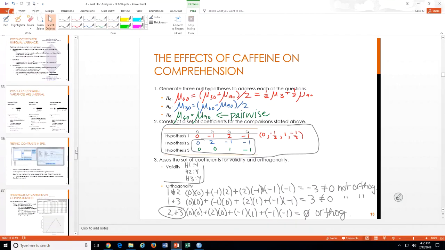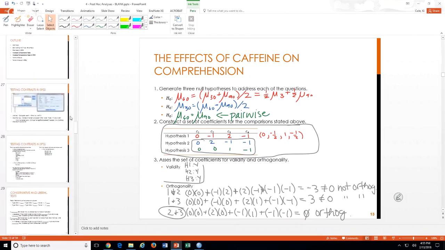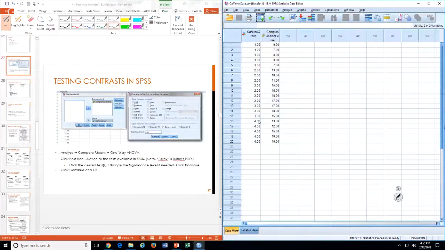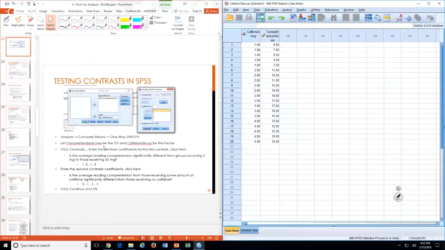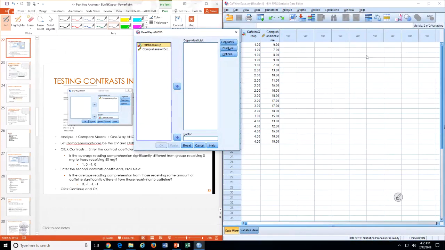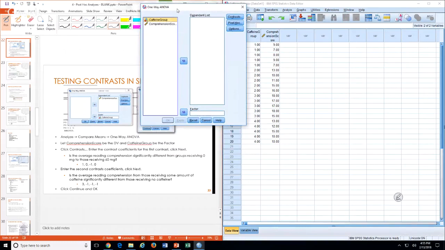So in SPSS, if you want to follow along with the instructions here, slide 22: click Analyze, Compare Means, and One-Way ANOVA, just like you're doing the original One-Way ANOVA. And then we will put comprehension score as the dependent variable and caffeine group as the factor.